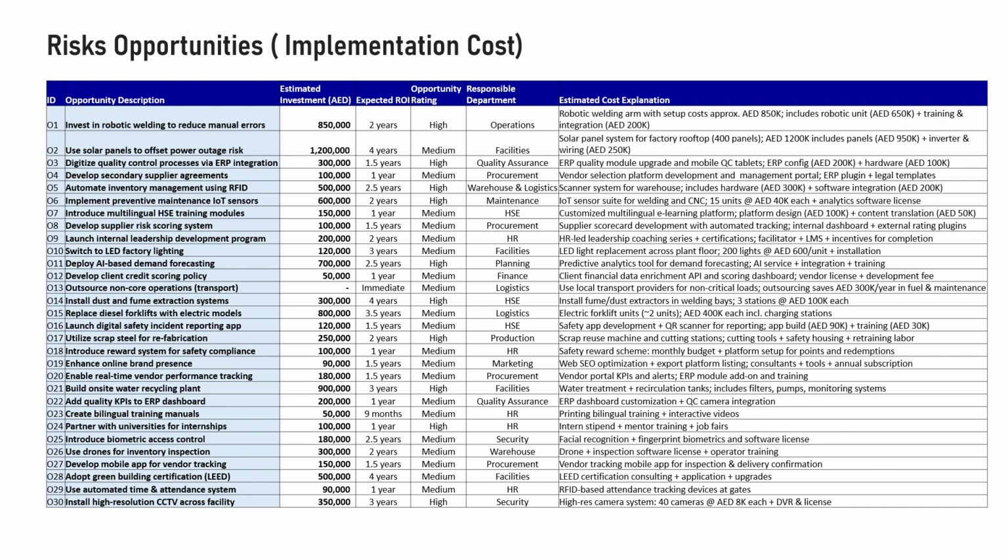For instance, invest in robotic welding to reduce manual errors. The budget for that investment is 850,000 dirham. Expected ROI is 2 years. Opportunity rating is high and the responsible department is operations. And we apply the same concept and methodology for other opportunities.